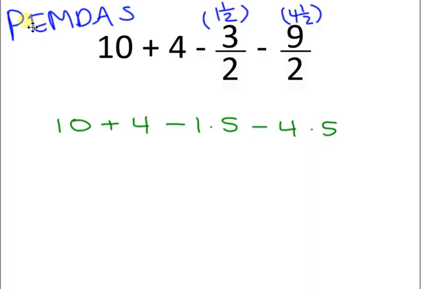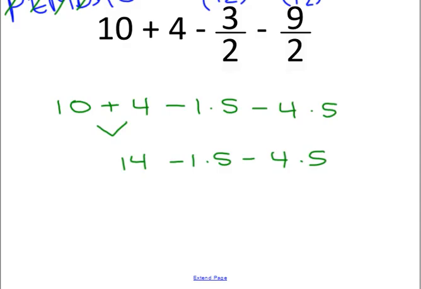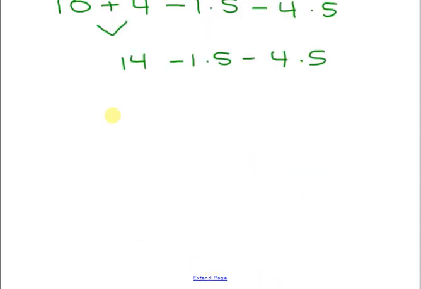Okay? So, no parentheses, no exponents, no multiplication, no division. All we have is addition and subtraction, so we go in order from left to right. So 10 plus 4, that's easy enough. 14. Rewrite the problem. Okay, now we have 14 minus 1.5, so I'm going to do it right here.